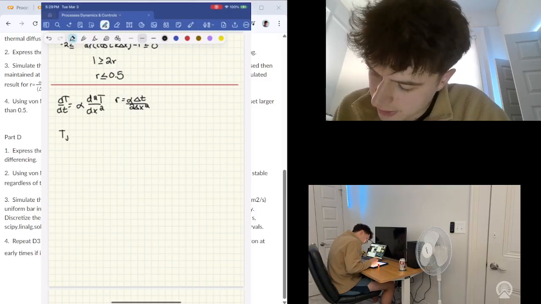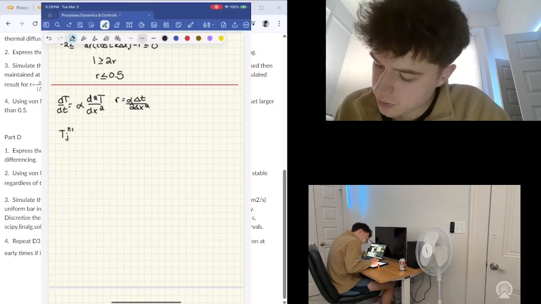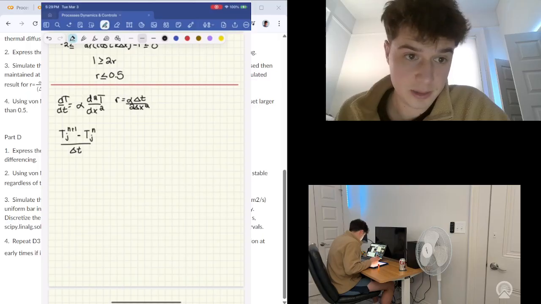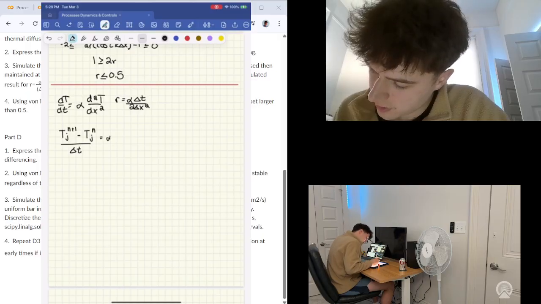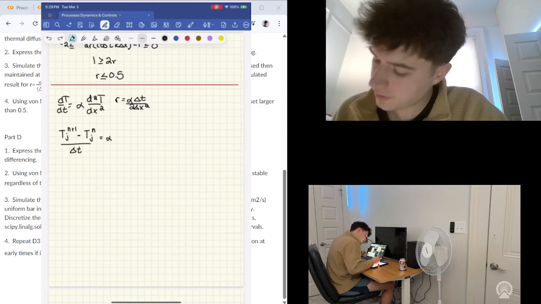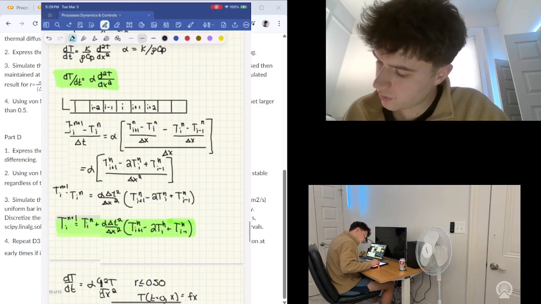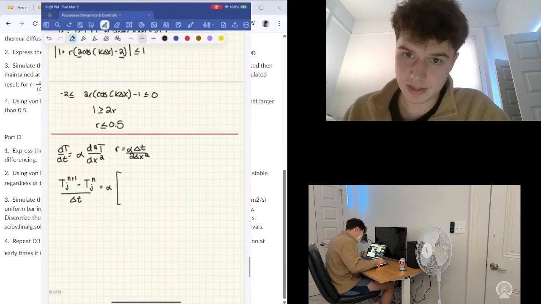We have T_j^(n+1) minus T_j^n. This is all over delta t. And this is going to be equal to our alpha value, which again, we have right here. This alpha value, we're going to have a matrix similar to the one right here, but not the exact same.